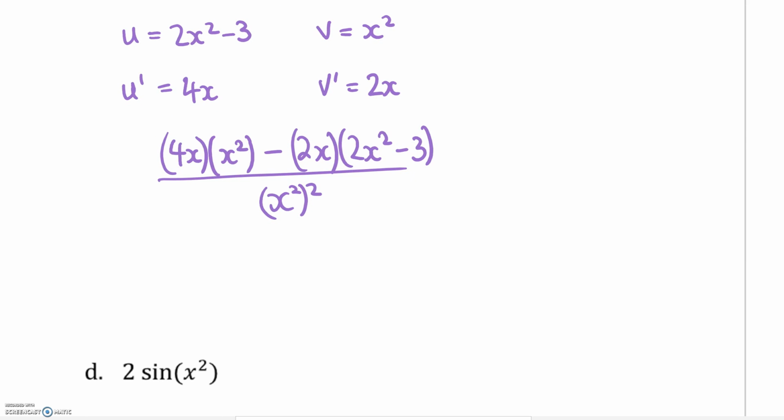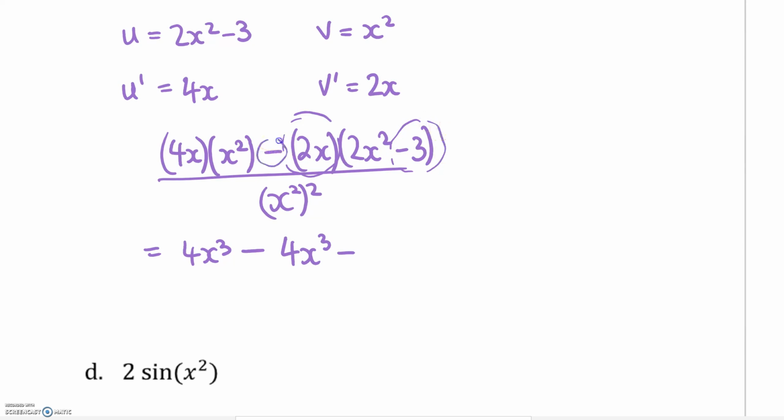Alright, so cancelling this down a little bit now. So I'm going to get 4x cubed over here. Multiplying out this bracket, I'm going to get negative 4x cubed. Take. Now, I've got to be careful here because this is technically 2x here multiplied by negative 3.